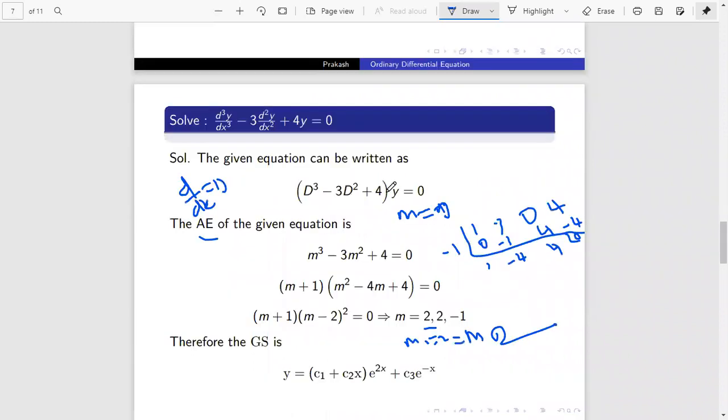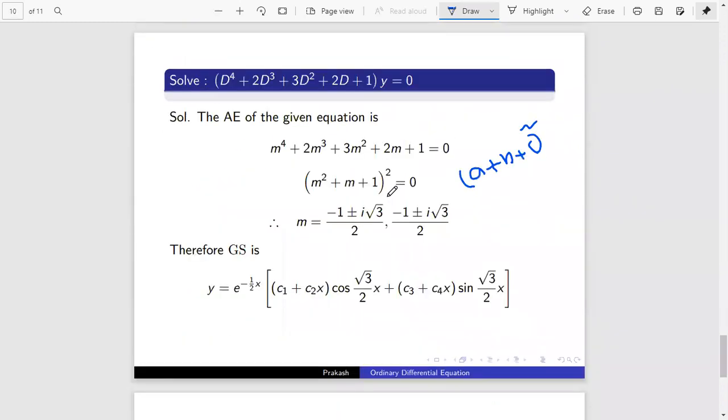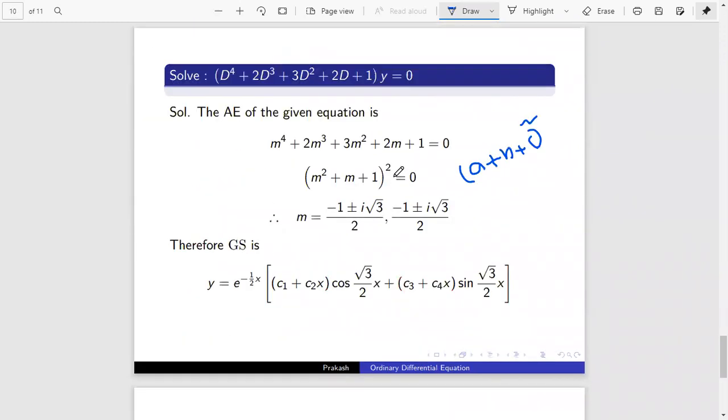Therefore, the general solution is y equal to e power alpha x, where alpha is minus 1 by 2. Here m1 and m2 are considered equal.